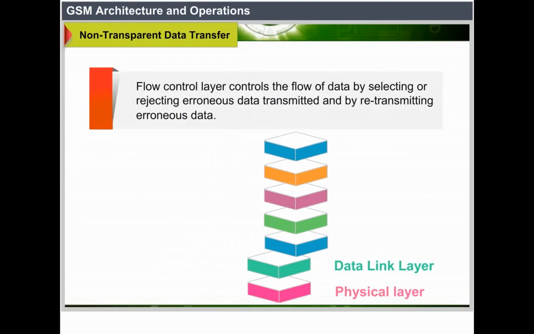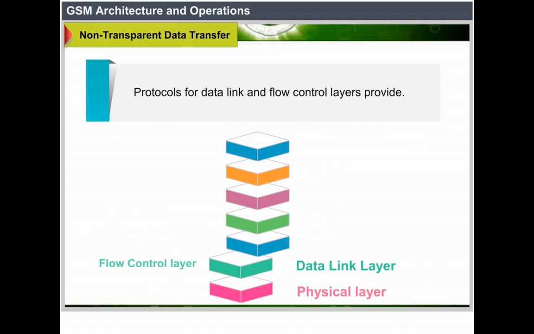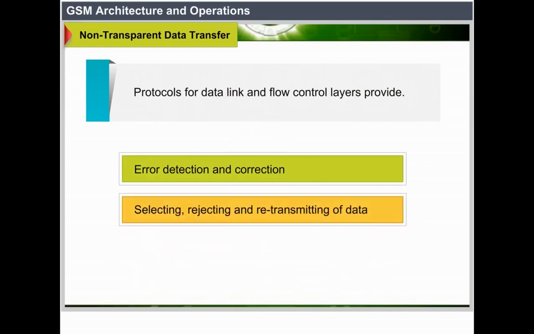Flow control layer controls the flow of data by selecting or rejecting erroneous data transmitted and by retransmitting erroneous data. Protocols for data link and flow control layers provide error detection and correction, selecting, rejecting and retransmitting of data.